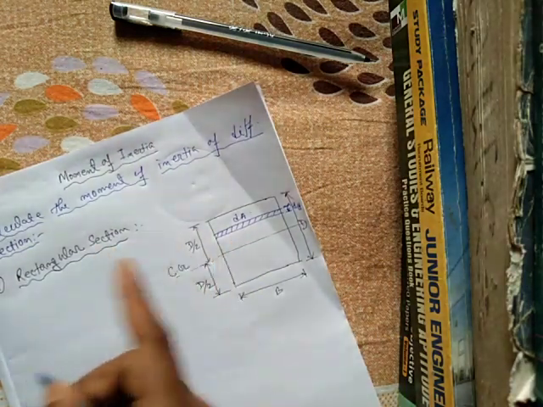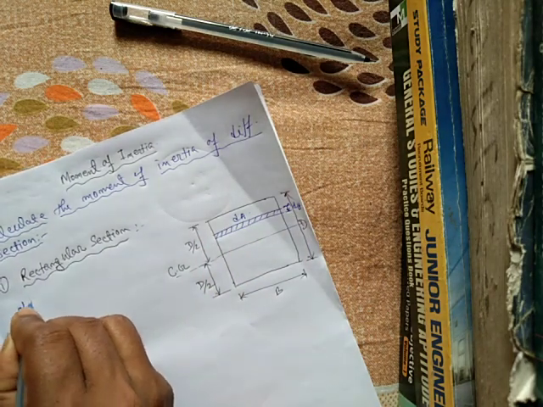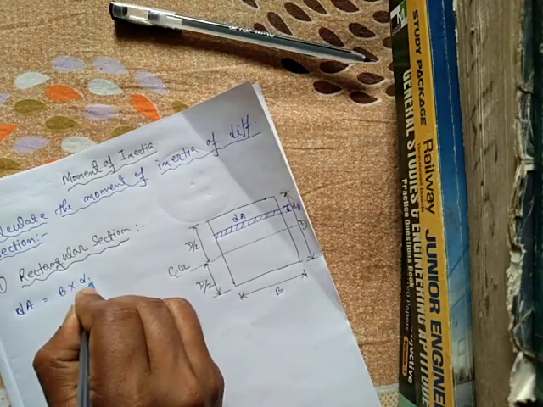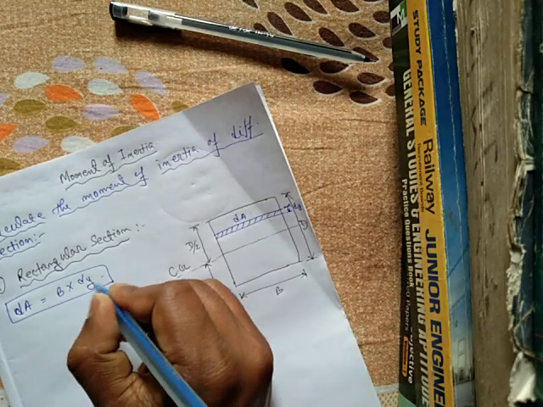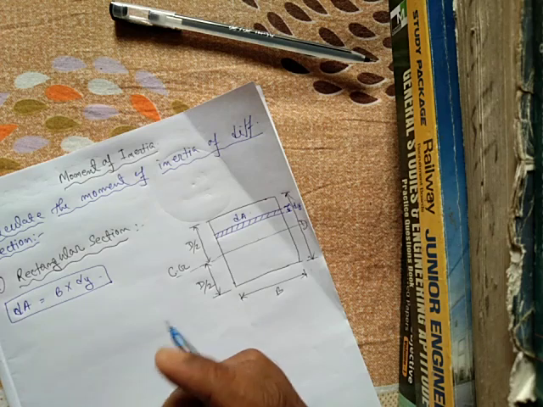So the area of this elementary strip, dA, will be b into dy.